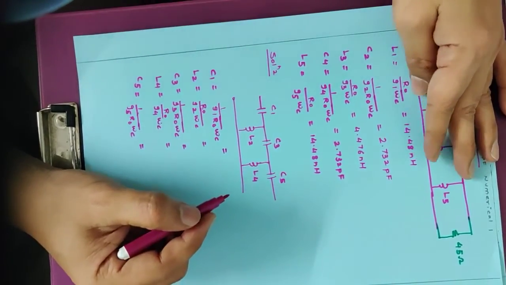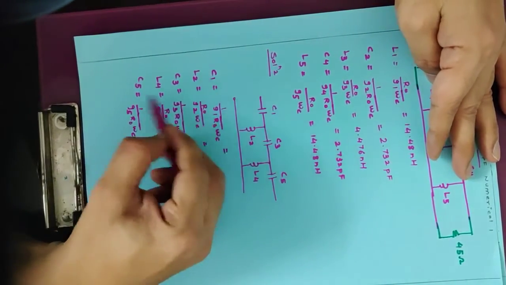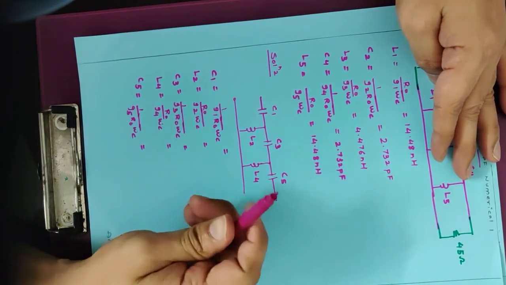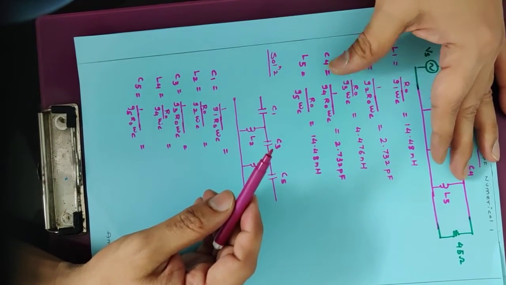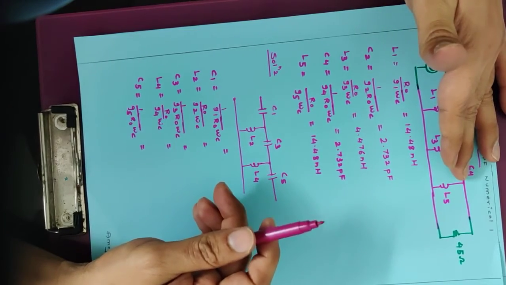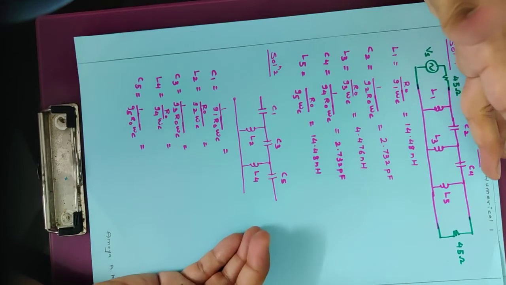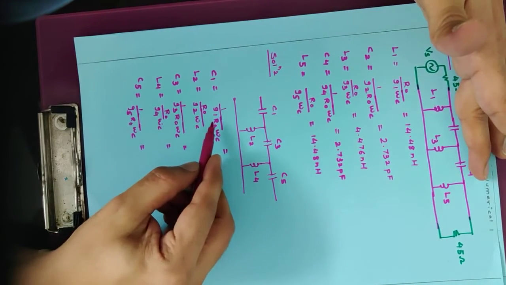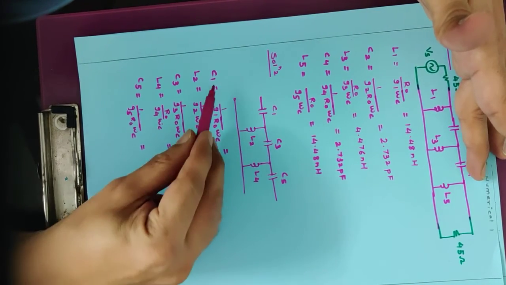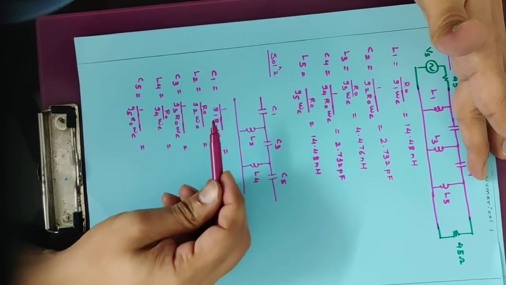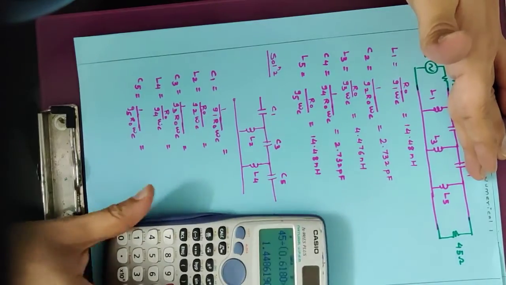In a high pass filter, remember that the component values are inversely proportional to their corresponding G's, while in a low pass filter we have seen that the component values are directly proportional to their corresponding G's. The impedance scaling in both cases, whether the filter is low pass or high pass, is always division by R0 for a capacitor and multiplication by R0 for an inductor. So we'll calculate these values.